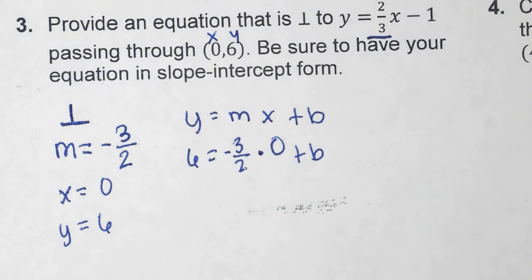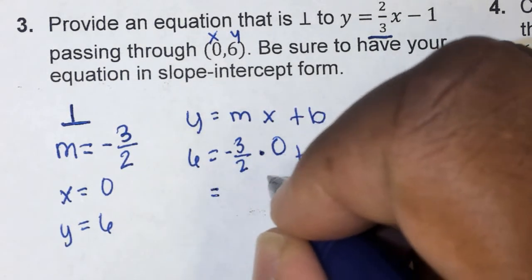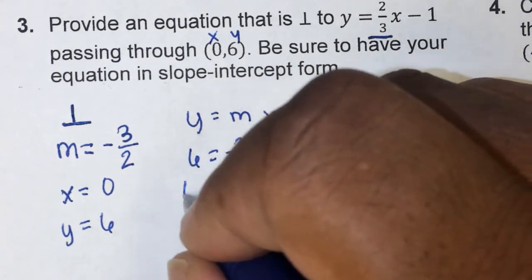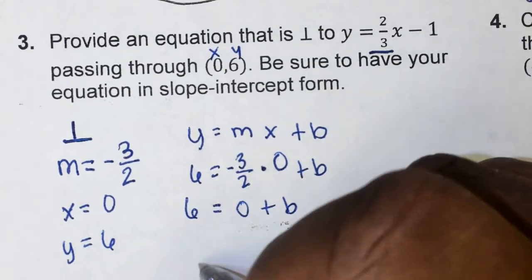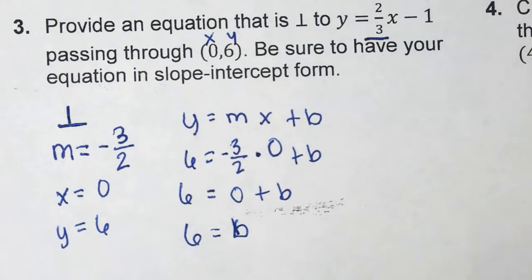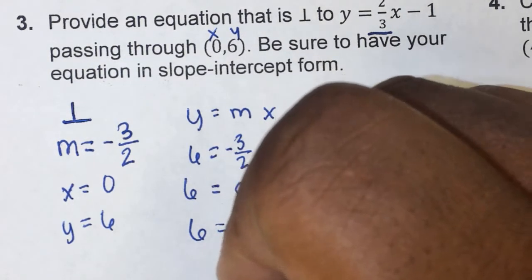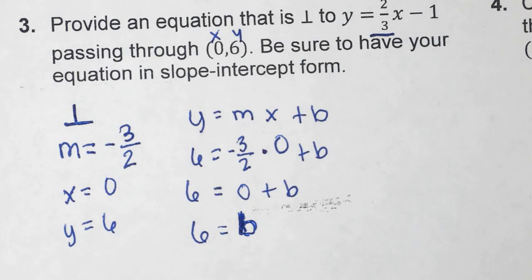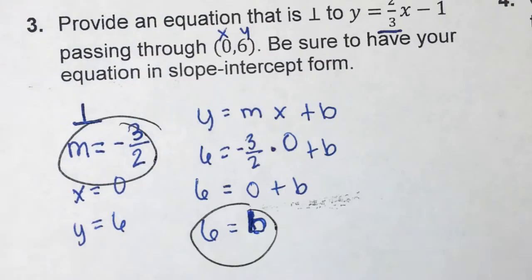What's negative 3 over 2 times 0? 0, right? So that really cancels. Equals 0 plus b. You can just drop the 0 off, and it's just 6 equals b. It's a b right there. Once you get to that point, you're ready to do what I need you to do. Here and here.